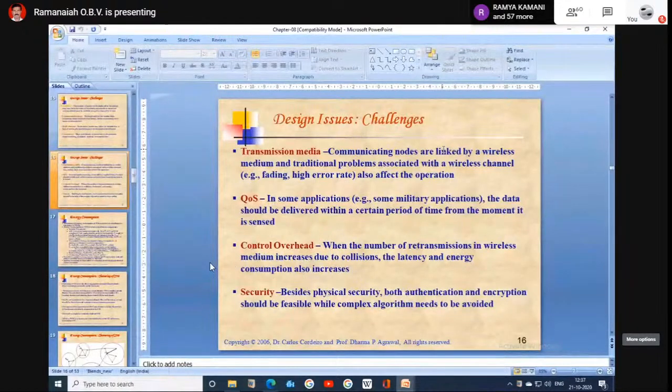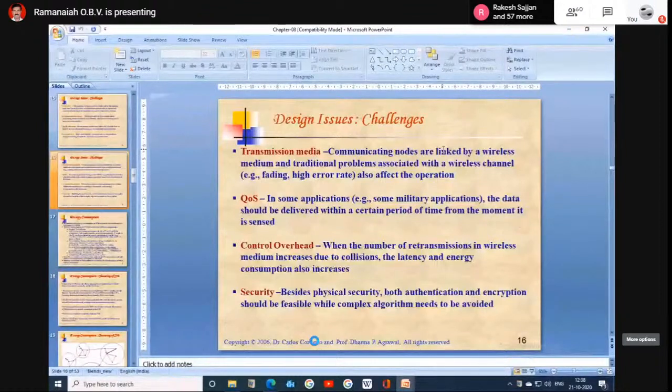First thing is fading, high error rate, and atmospheric effects. Bad weather will also play a crucial role. But if it is guided media, if the signal is going through a cable, weather or fading won't come into play, right? So transmission media, how to deal with this?